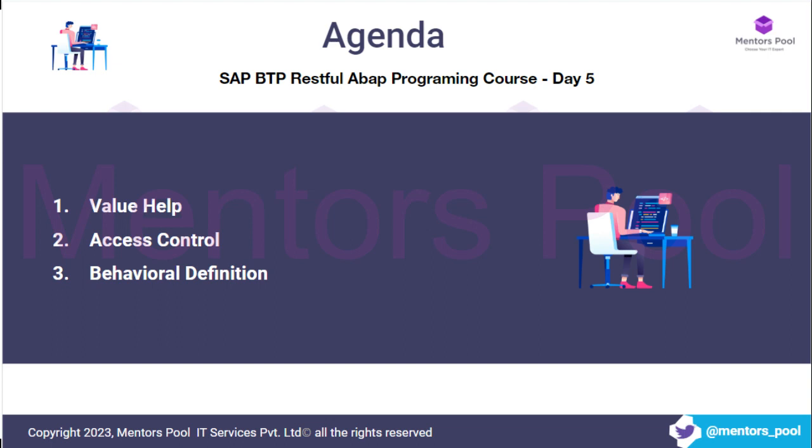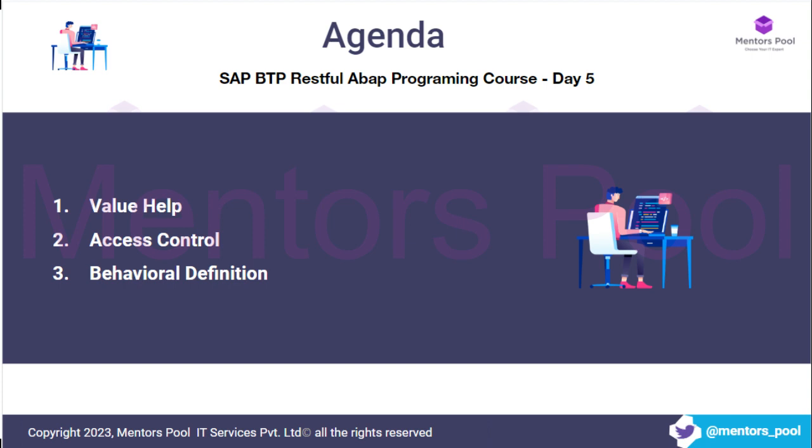We know that when we talk about any SQL language, we have three parts: DDL, DML, and DCL. We are already done with DDL, and DML we are already doing with the behavior definition part.